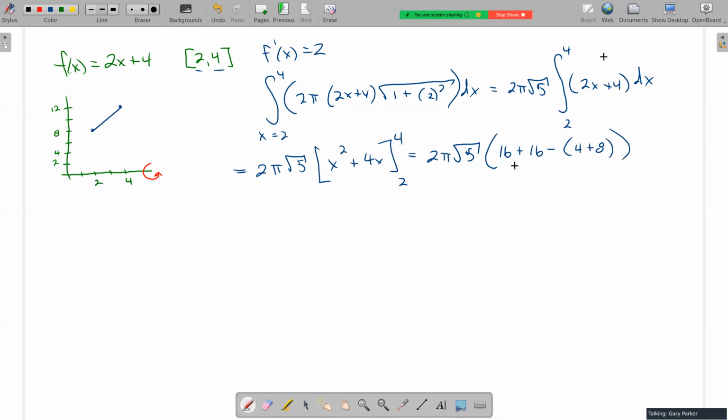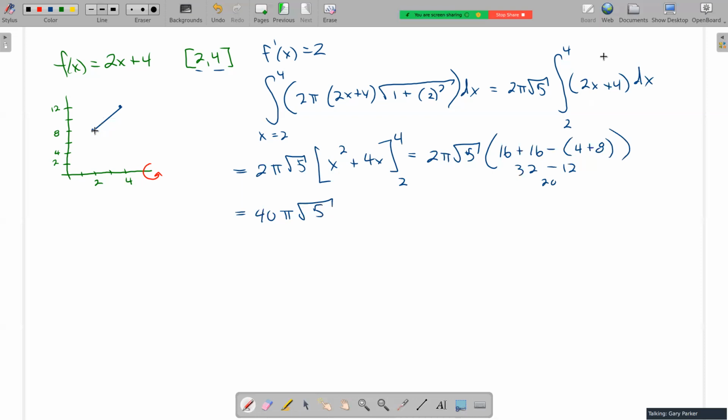So that's going to give me 32 minus 12, or 20. So altogether, it looks like my surface area is 20 times 2. We can call it 40 pi square root of 5.